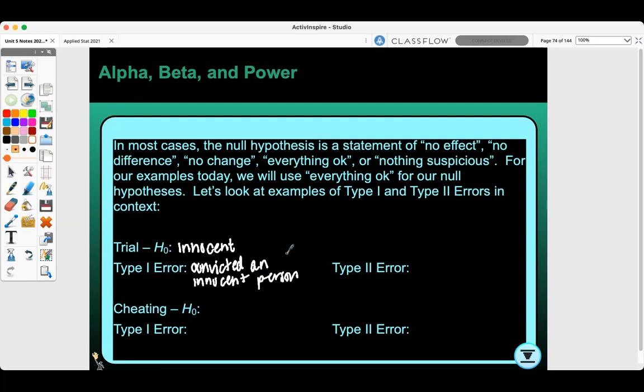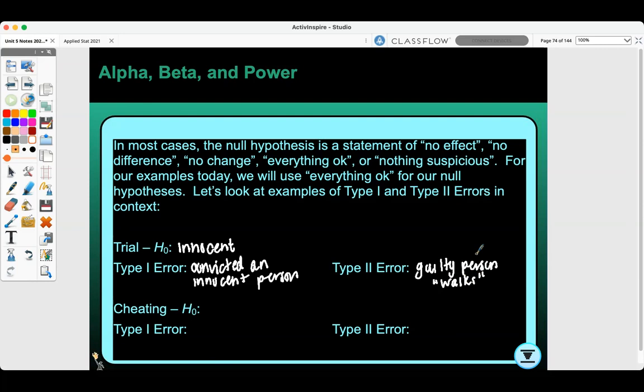Type 2 error would be a guilty person walks, or a guilty person goes free.